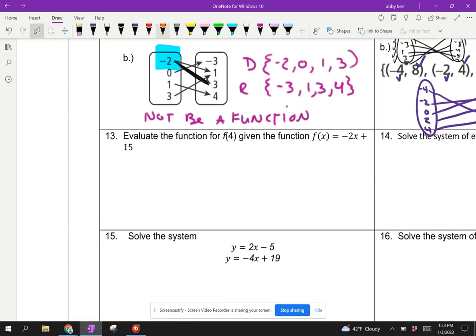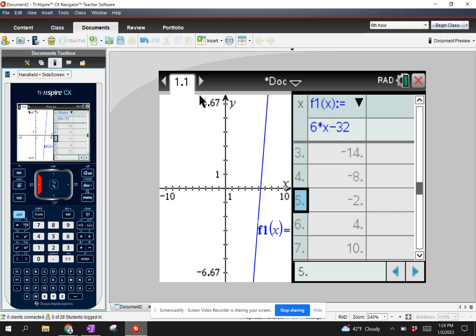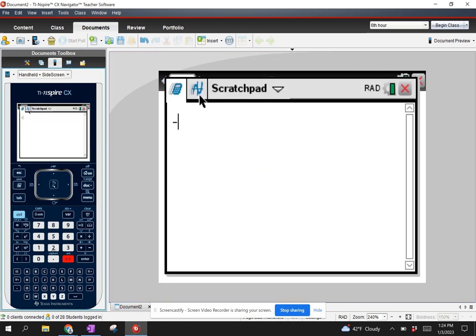For number 13, evaluate. F of 4, remember that is really x equals 4. So wherever you see a 4 in the equation, you're going to substitute it in. Now, I highly recommend just using your calculator. -2, substitute the 4 instead of the x, plus 15.